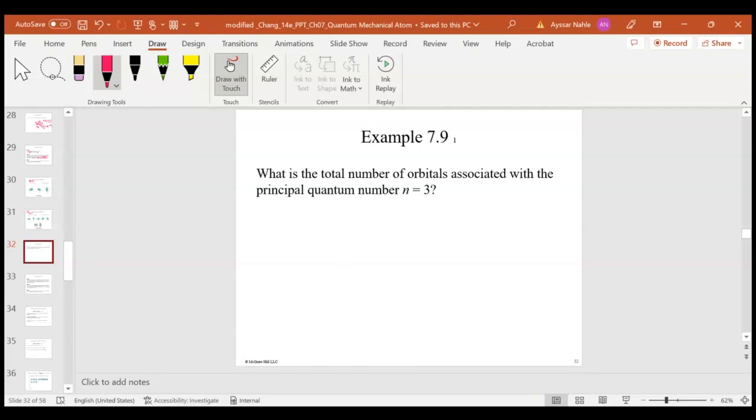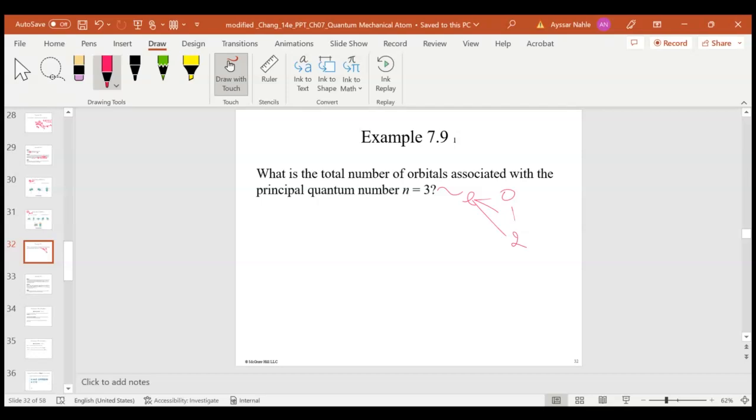What is the total number of orbitals associated with the quantum number n? How many orbitals? N equal to 3. This is the shell number. Subshells, what are the subshells? L is 0, 1, and 2.